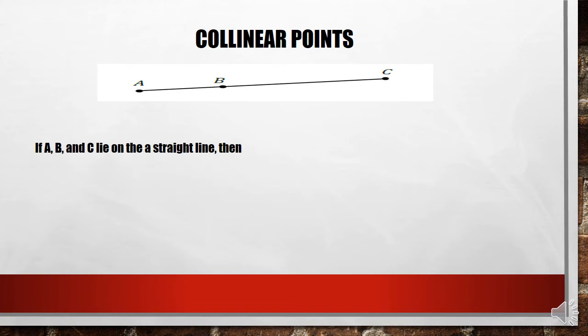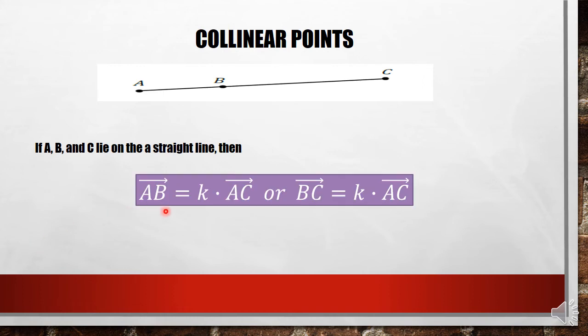Collinear points. If I have 3 points A, B, and C, and if A, B, and C lie on a straight line, then apply this formula where vector AB equals k, a scalar number, multiplied by vector AC.